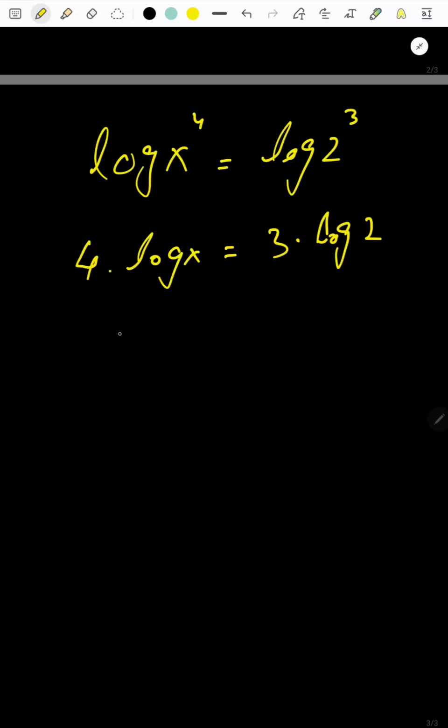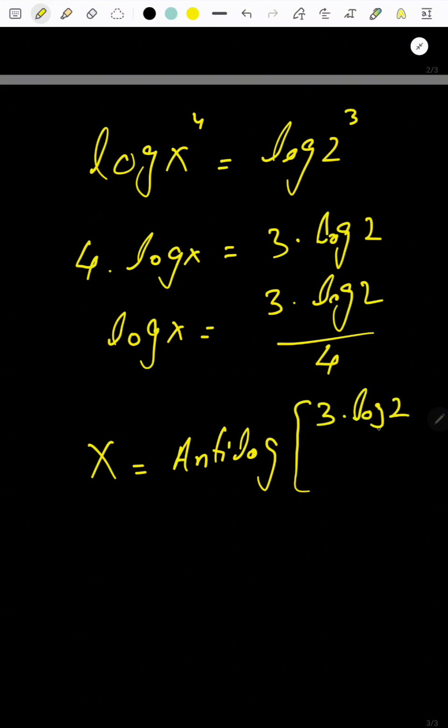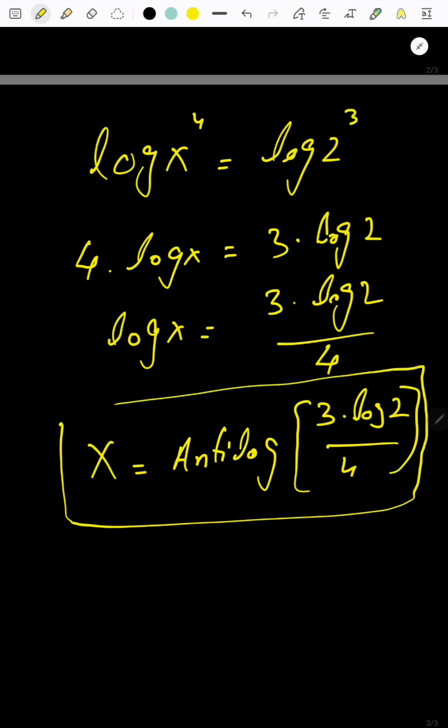By more simplifying, dividing by 4 on both sides, I have log x is equal to 3 log 2 over 4. And simply we can find x as the antilog of 3 log 2 over 4. This is the value of x we have found.